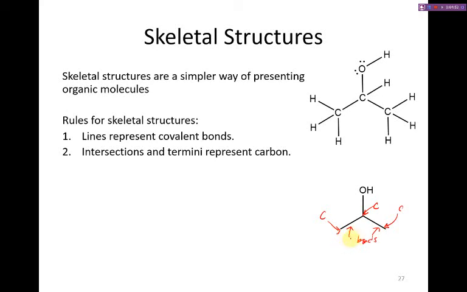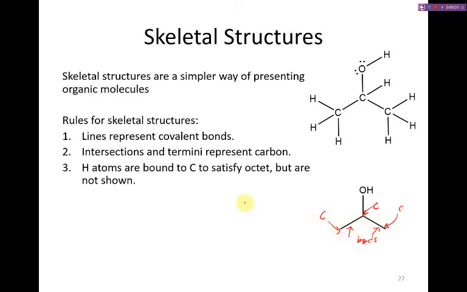And that makes sense, since mostly it is carbon and hydrogen, we can simplify them by understanding the termini and the intersections. The third rule is that hydrogen atoms are bound to carbon atoms to satisfy the octet, but are not shown. So what we saw up here was that we had 3 hydrogen atoms on this carbon, and they're still present in the molecule on the bottom, but they're not shown. Again, just as a way to simplify.